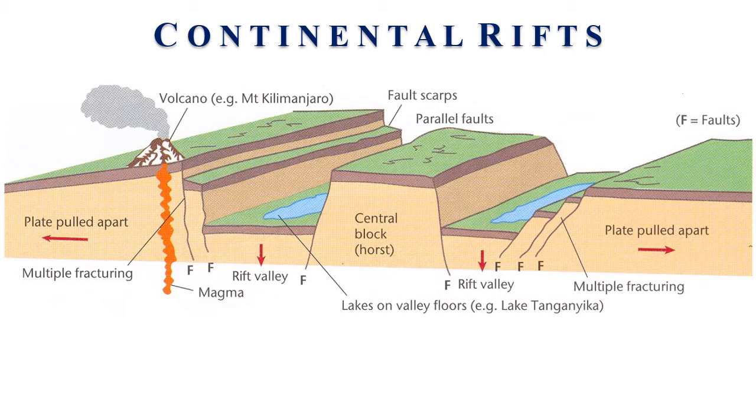Another type of structure at diverging plate boundaries is continental rifts. Continental rifts are fault-bounded valleys that range in width from 30 to 75 kilometers and in length from tens to hundreds of kilometers. They are characterized by tension.